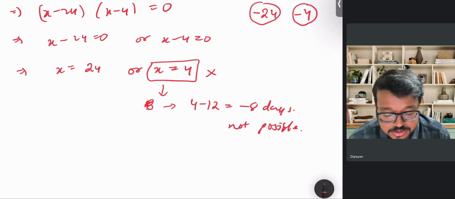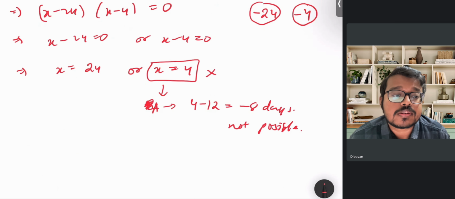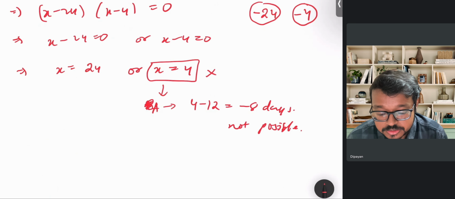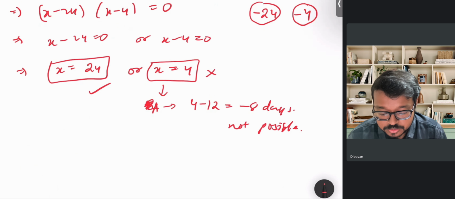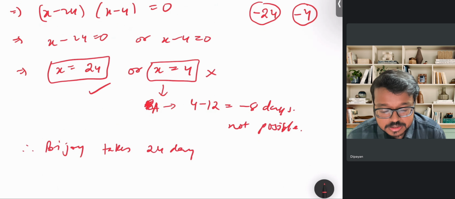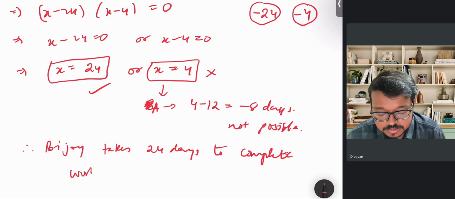The other person was Amit. Amit will take a negative number of days, not possible. So therefore x equal to 24 is the valid option. So the answer is Bijoy takes 24 days to complete the work alone.